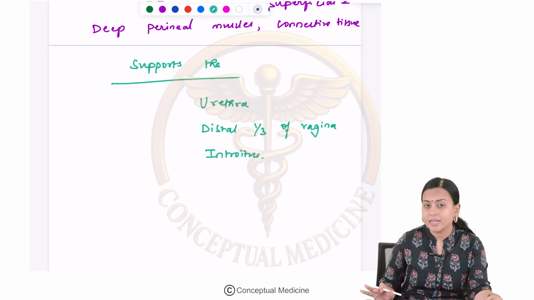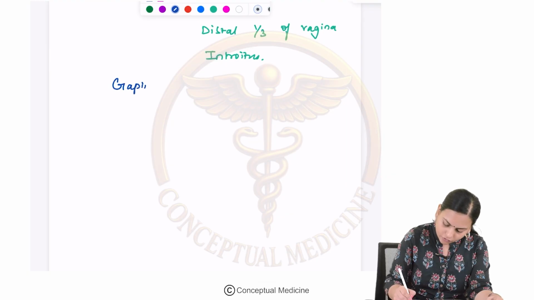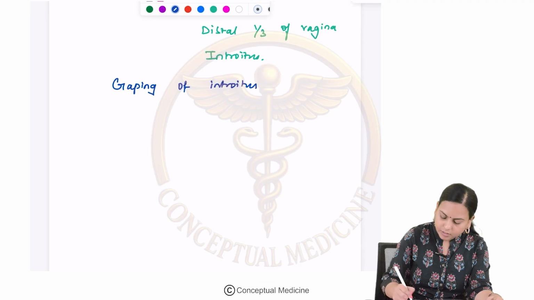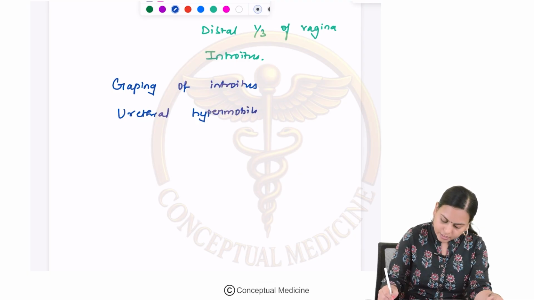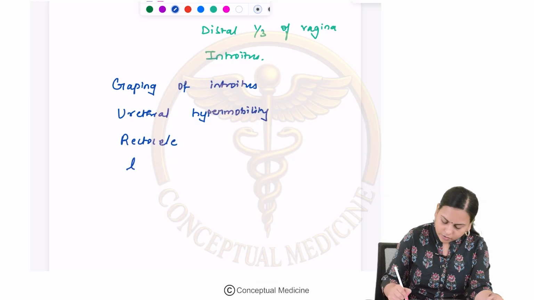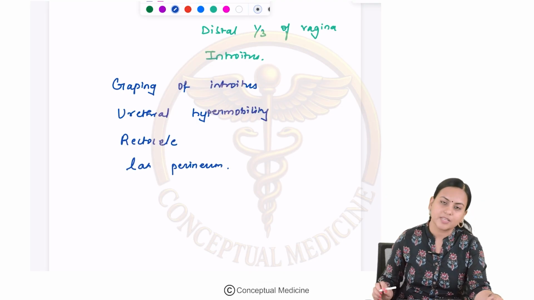If there is any disturbance in this support, this can result in gaping of the introitus. There can be urethral hypermobility, rectocele, or even a lax perineum as well.